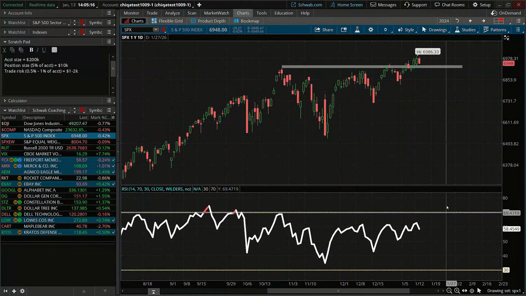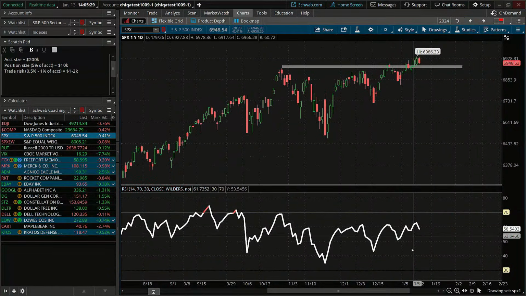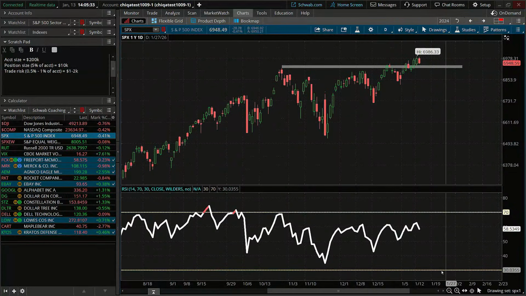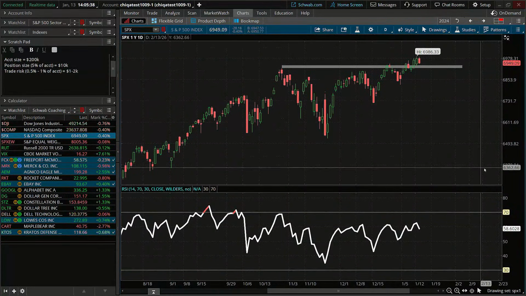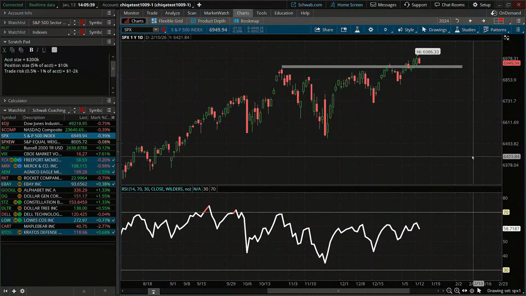So when a stock goes to reach overbought levels, meaning that it has moved up quite a bit in that time period that it's measuring, it does not mean sell in that case. And same with if it breaks down to below the 30, that does not necessarily mean buy in that case either. So we're going to talk a little bit more about that as well.